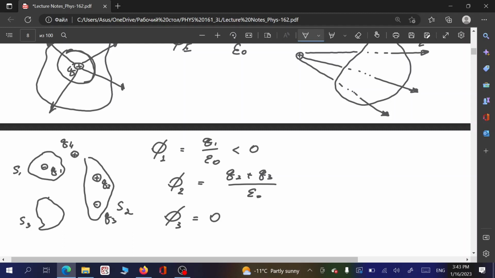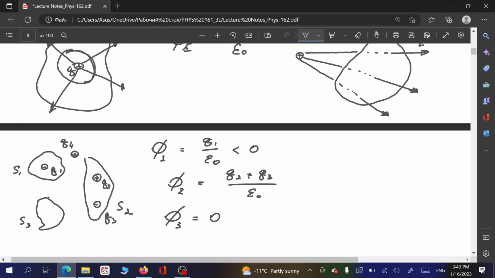So in this case, we divide it into small elements. We find electric field fluxes through small elements where we can consider the electric field vector as constant, and then we sum it up.